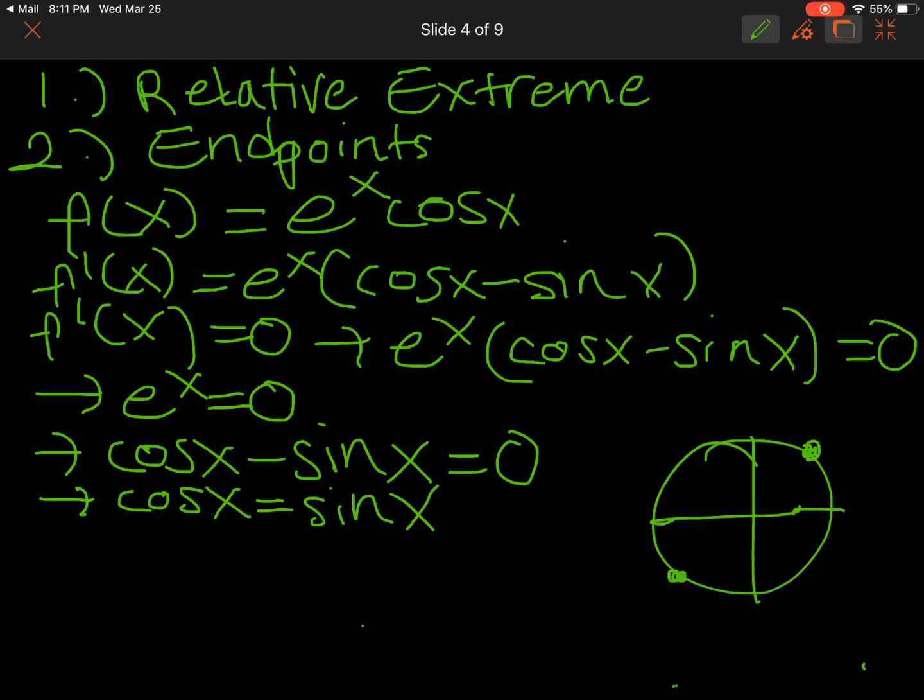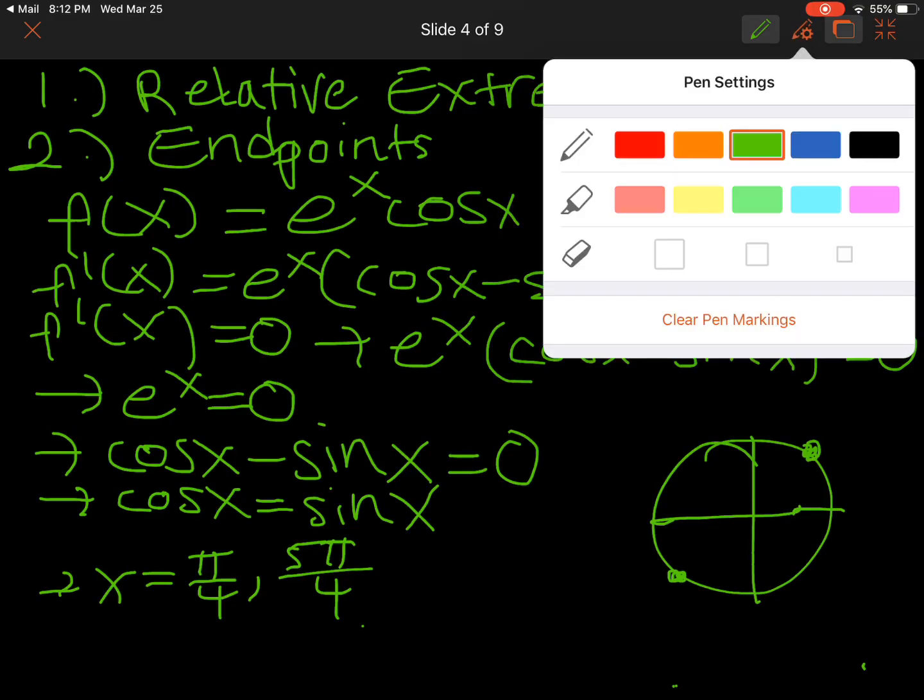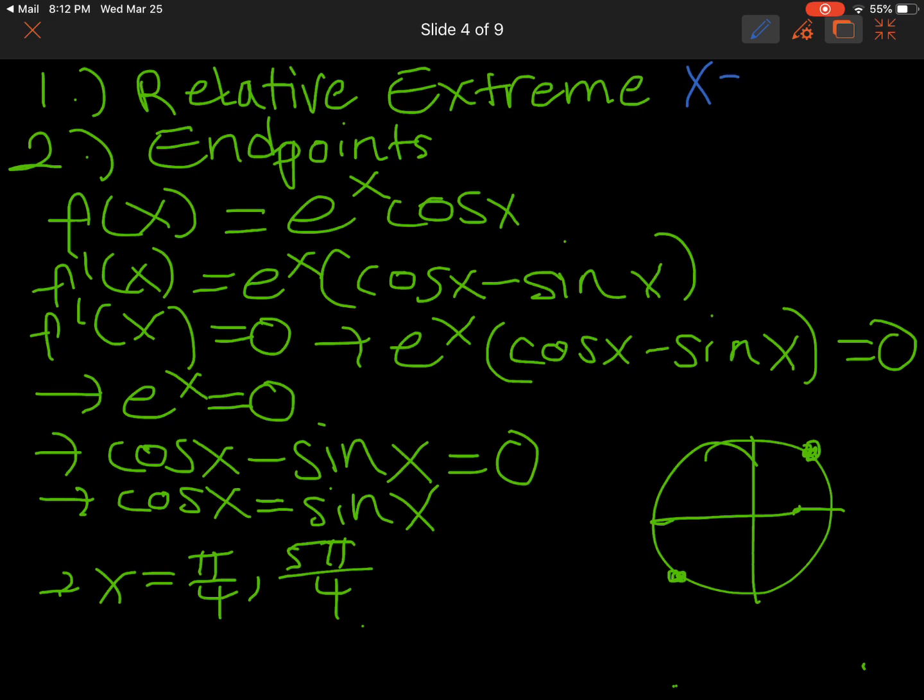So that's going to give us the x values pi over 4 and 5 pi over 4. So that's good. We have our relative extrema: x is equal to pi over 4 and 5 pi over 4.